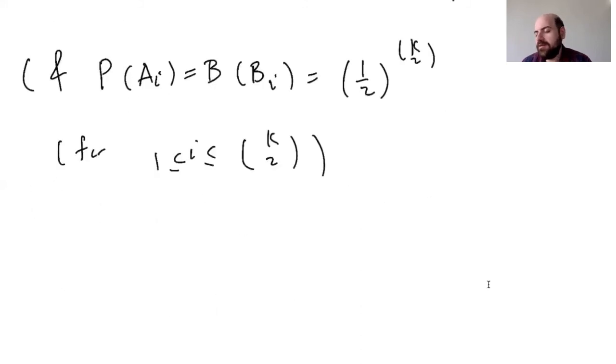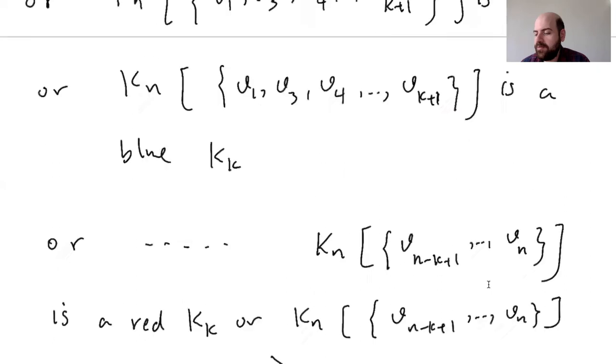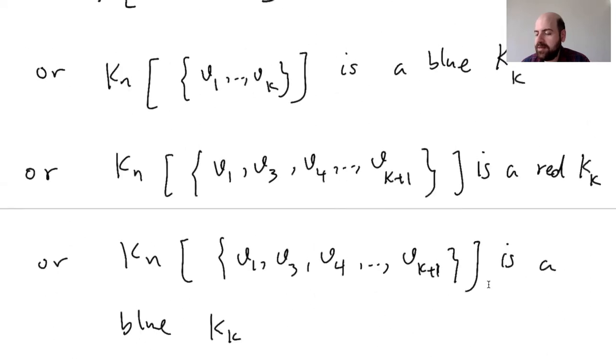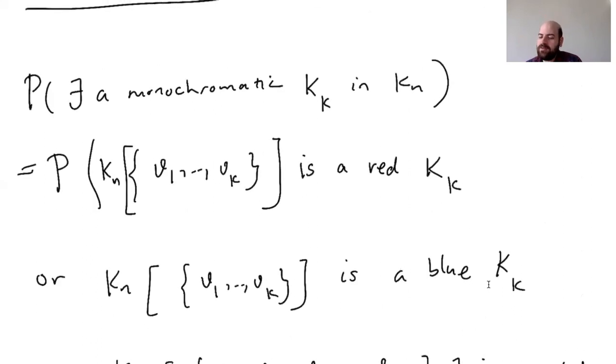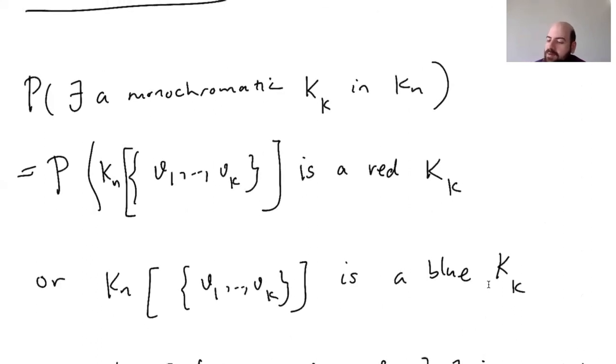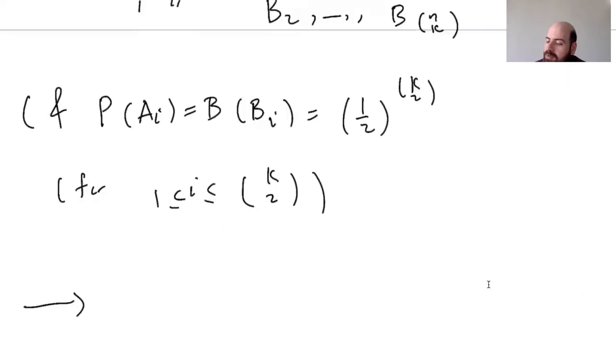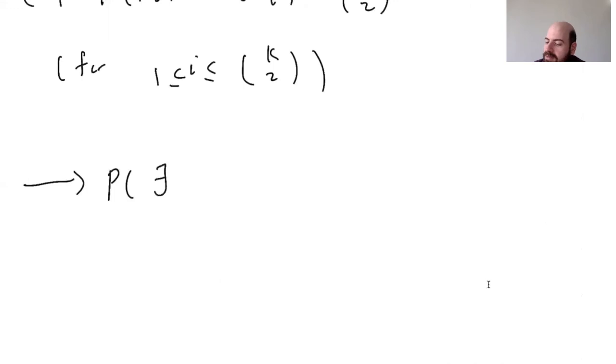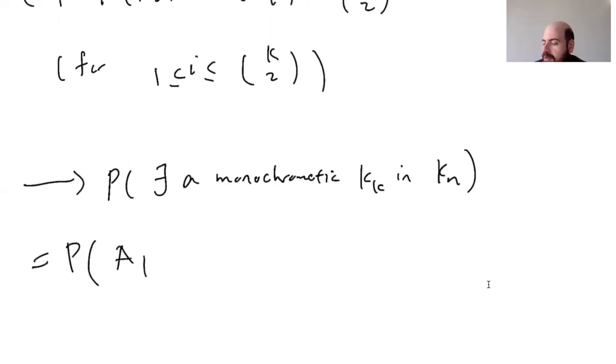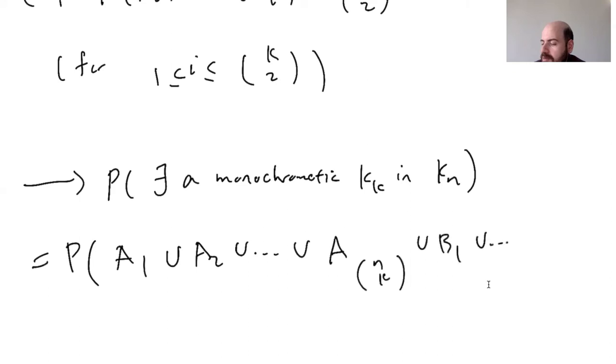So we're almost done. Remember how these Ai's and Bi's were involved in the game, because we wanted to find the probability of existence of a monochromatic Kk in Kn. So that means the probability of existence of a monochromatic Kk in Kn is equal to the probability of A1 union A2 union all the way to A sub n choose k union B1 union all the way to B sub n choose k.